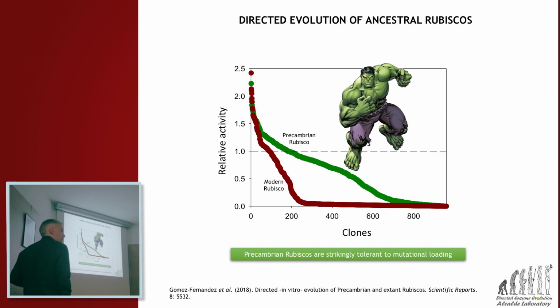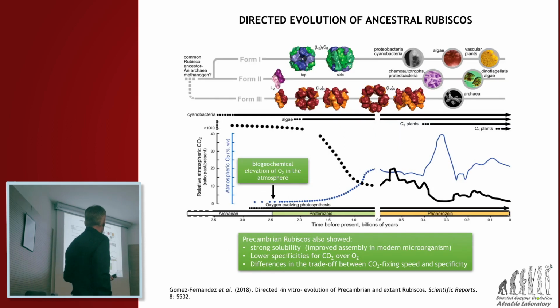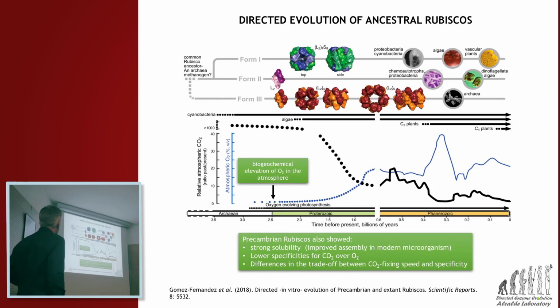This is basically because the Precambrian Rubisco is a virgin mold for directed evolution, because in principle it has not been subjected to natural evolution, and therefore is going to be capable of tolerating higher mutational loadings than the modern counterpart. And we also found some interesting properties in terms of the conditions that were supposed to exist in the Precambrian era around 3.2 billion years ago.